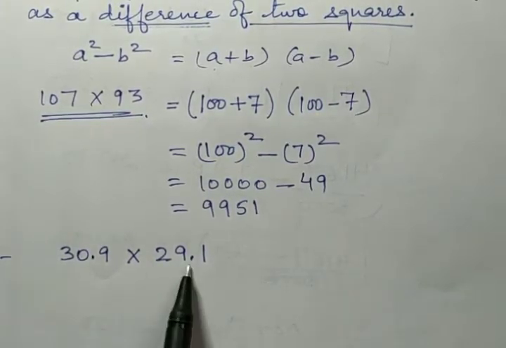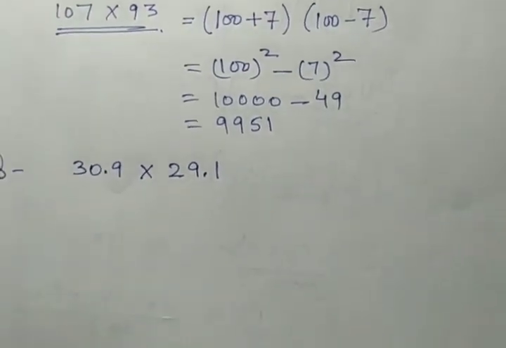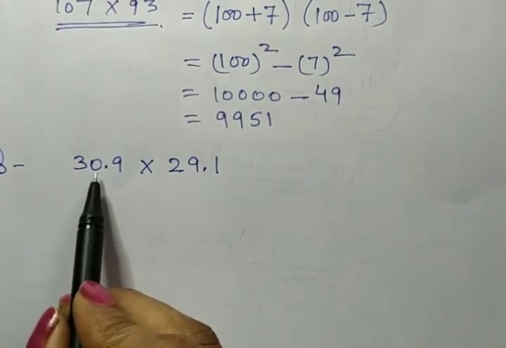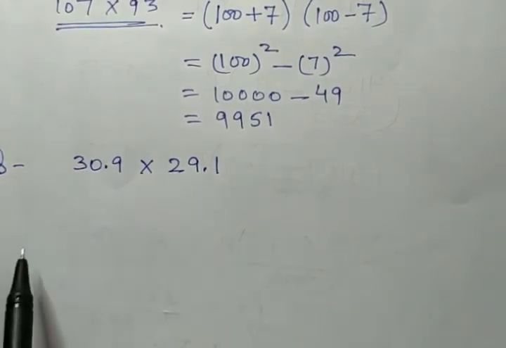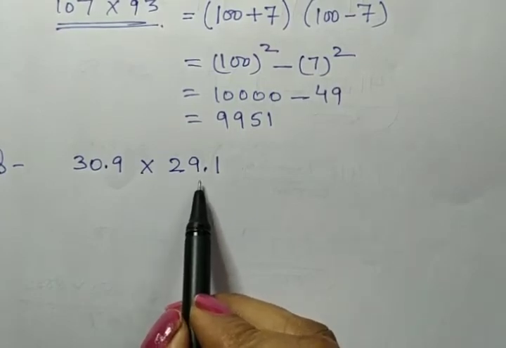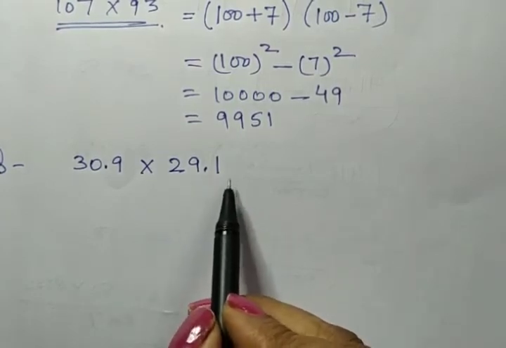बेटा डेसिमल नंबर्स को देखकर कभी भी घबराना नहीं है, बहुत सिंपल होता है इन क्वेश्चंस को भी हैंडल करना. वी कैन सी दिस इज 30 plus 0.9 and this is 30 minus 0.9.